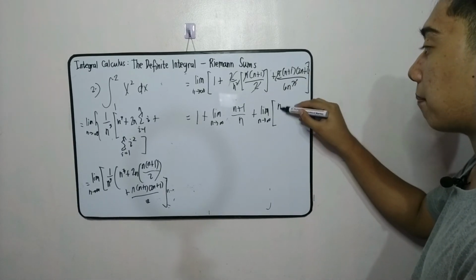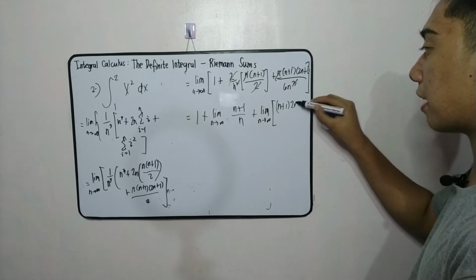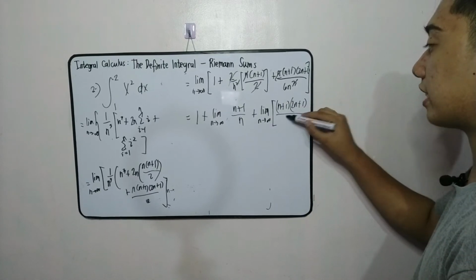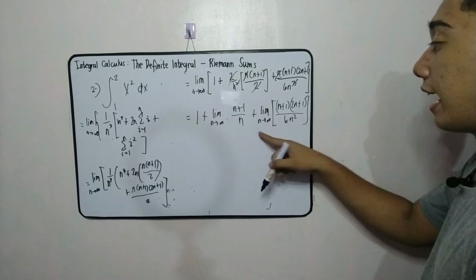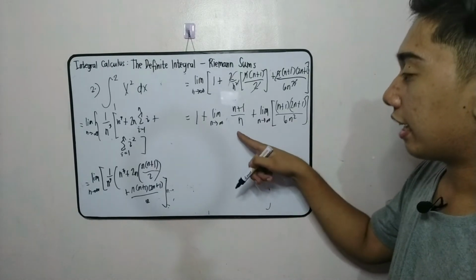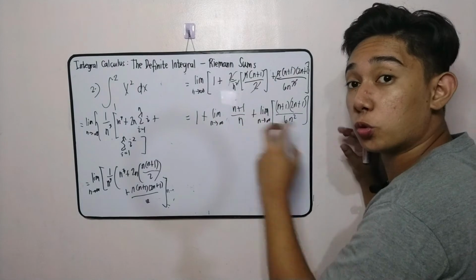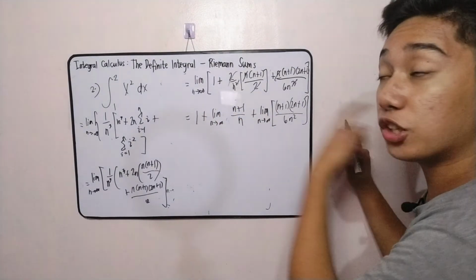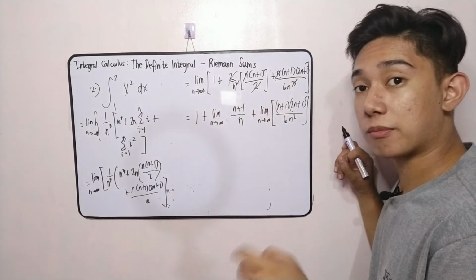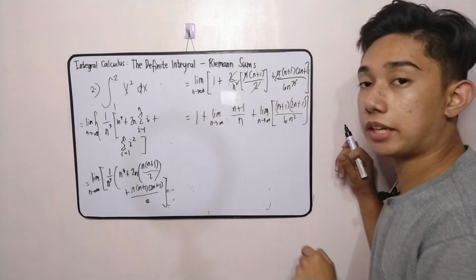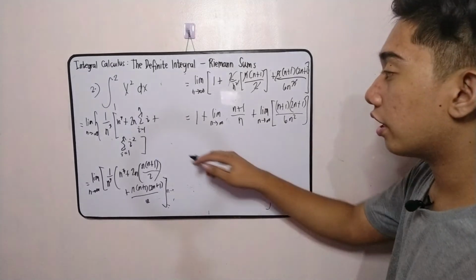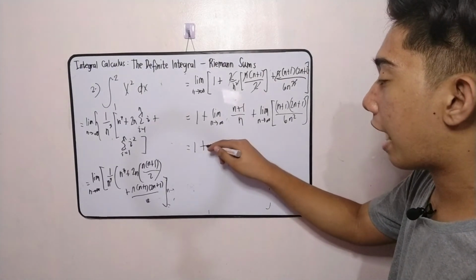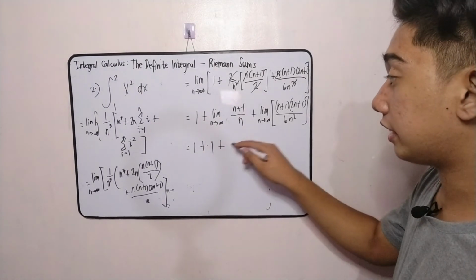So, this becomes n plus 1 times 2n plus 1 over 6n squared as n approaches infinity. And remember, if we also separate these two, this cancels, and 1 over n remains. And the 1 over n, by limit theorems or limits at infinity, will be equal to 0. So, therefore, what remains is 1 plus 1 plus 0.